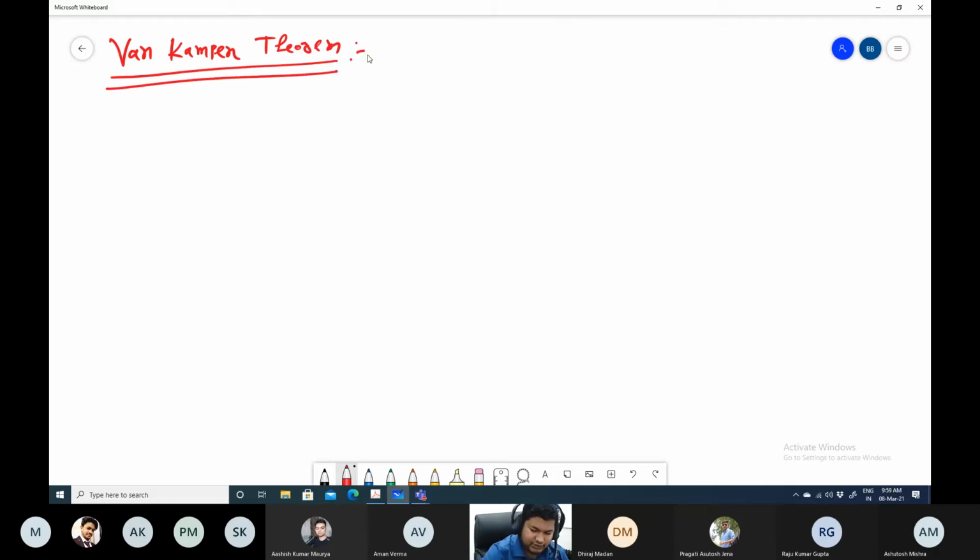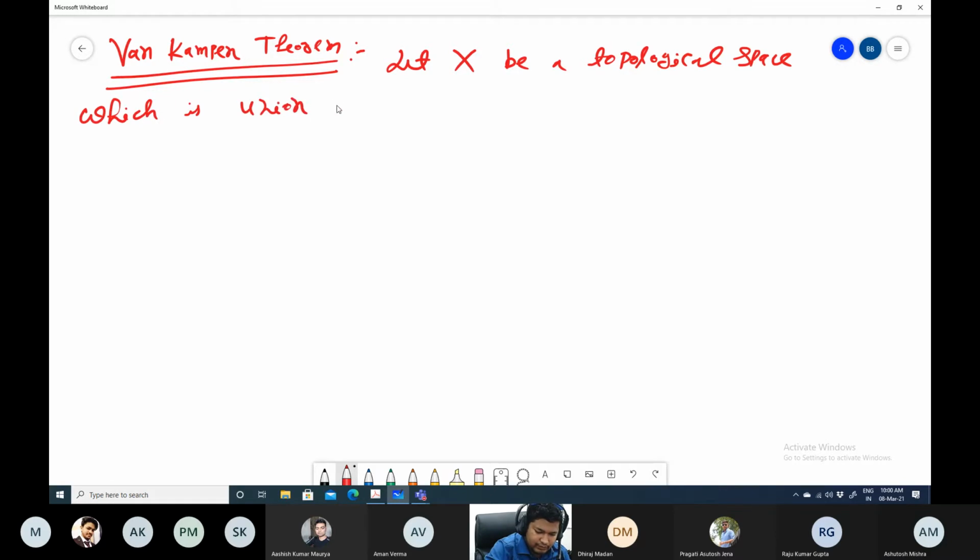Now it says: let X be a topological space which is a union of, remember that this is important, open path connected subspaces.